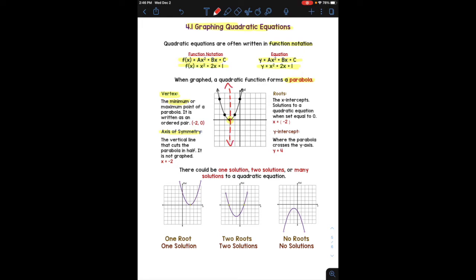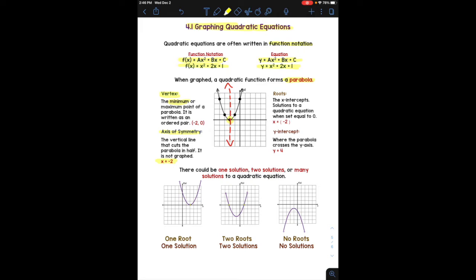As you can see, the left side and the right side are symmetrical to each other. The axis of symmetry does pass through the vertex, so when we start graphing, it's going to be important to find the axis of symmetry in order to find the vertex, since they share an x value. And in this case, we could describe the axis of symmetry for this parabola as the equation x equals -2. That is the vertical line crossing the x-axis at -2.